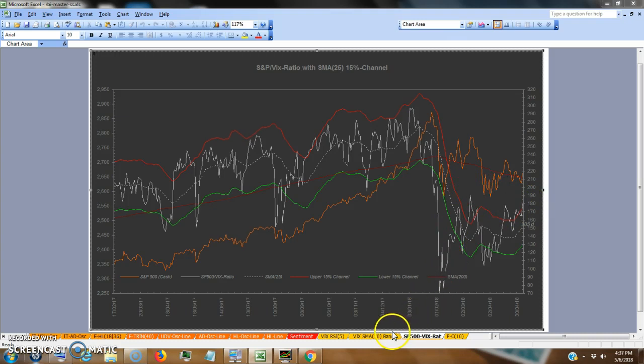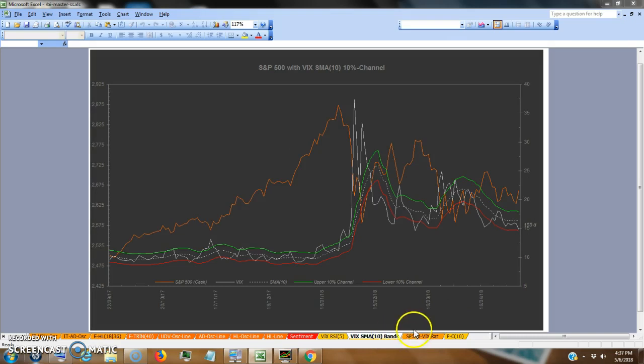In any case, there's one that I do bring up, this one here. It's at 10% below its 10-day average right now, and there was a spike down to 10.91, I believe, on Friday, but it was before the open, and I didn't include it in my calculations.